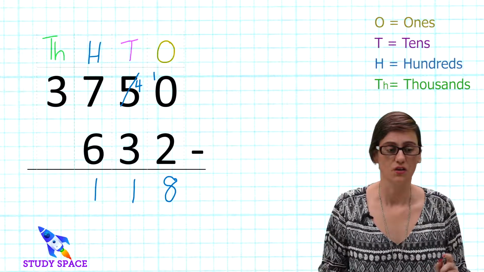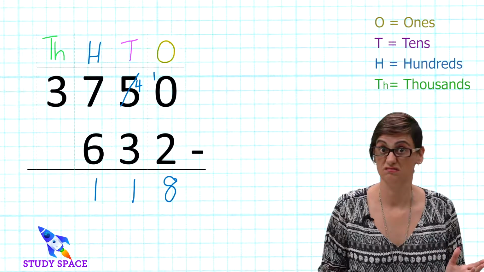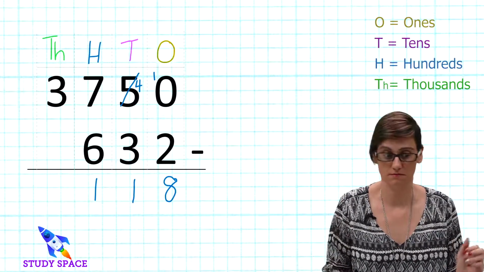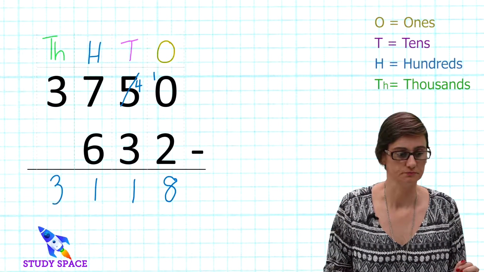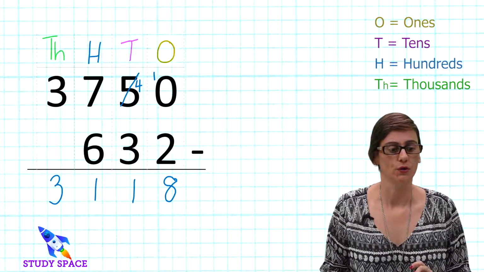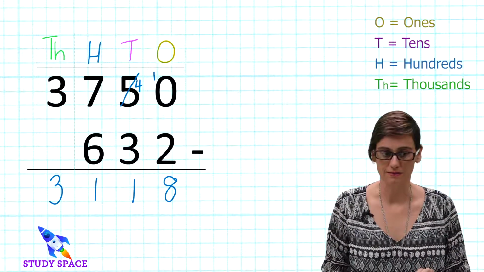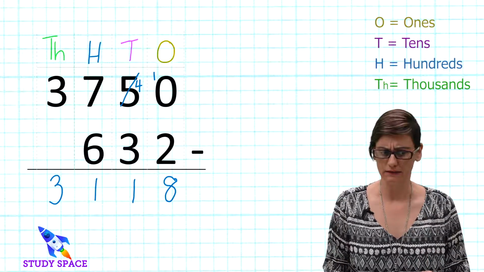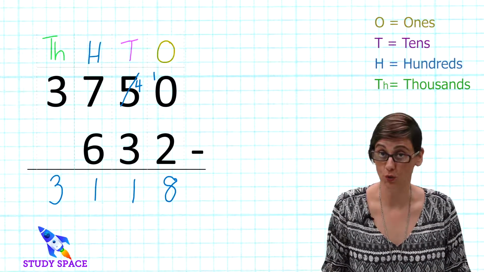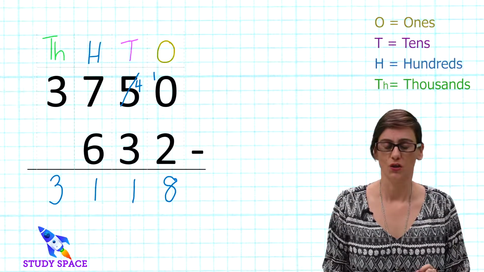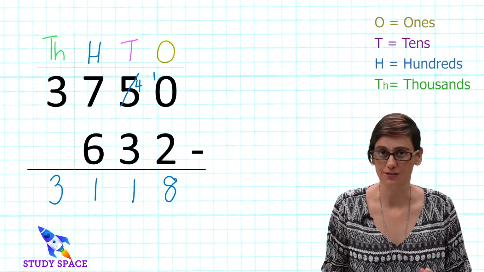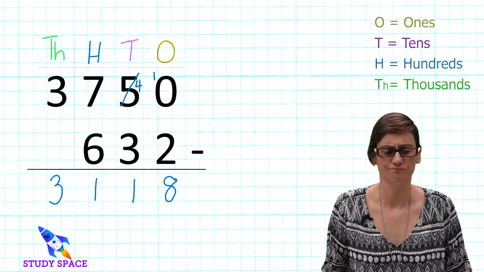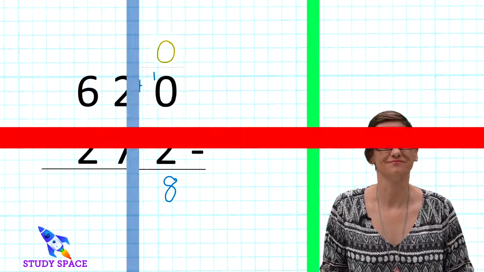And then I've got 3 take away 0, which is 3. Okay? So the question, 3,750 take away 632 equals 3,118.